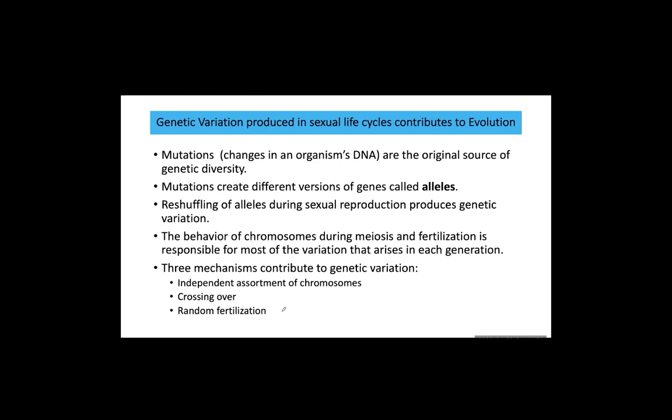Therefore, the outcome, when you look at the daughter cells from meiosis, is that each daughter cell has a different DNA configuration in the one set of homologous chromosomes. Also, which gamete is going to form the zygote is random fertilization. So these 3 conditions produce genetic diversity in this world.